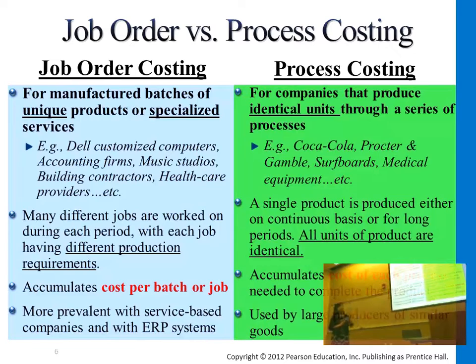Another example for job order costing, auditing firms. So Big Four auditing firms, they have different clients, publicly traded companies. Each and every client, their company size is different. But how they operate their business is different. So the agreement of auditing their statements, what they're sampling, what they're determining as materials to sample more, is different and varies from different clients.